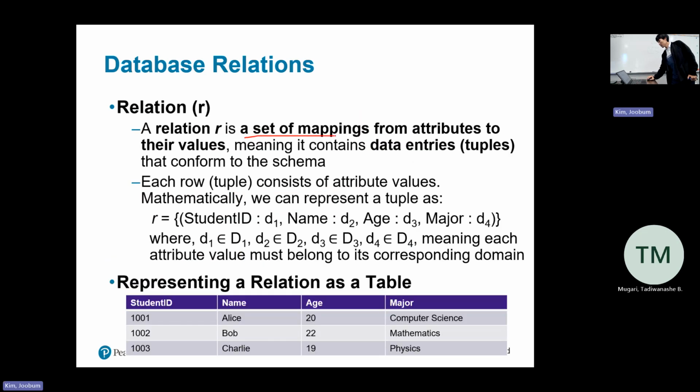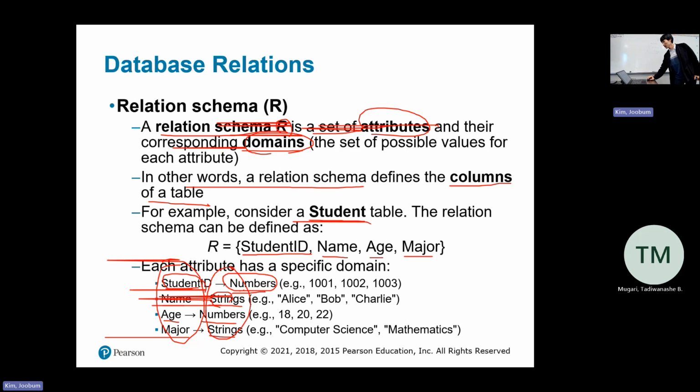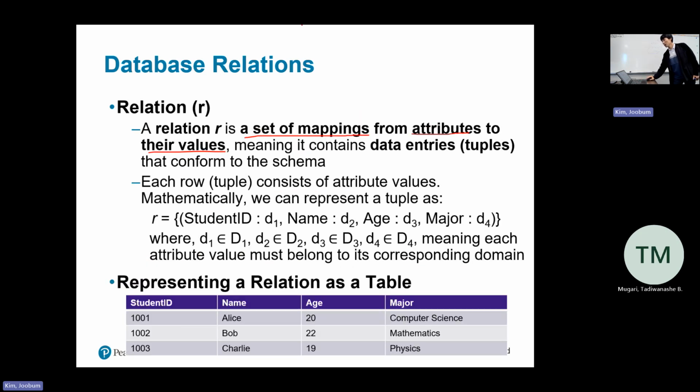It is a set of mappings from attributes to their values. The attributes, the columns, are defined in the relation schema, like student ID, name, age, major, and the relation maps what kind of individual values should be stored into each attribute.